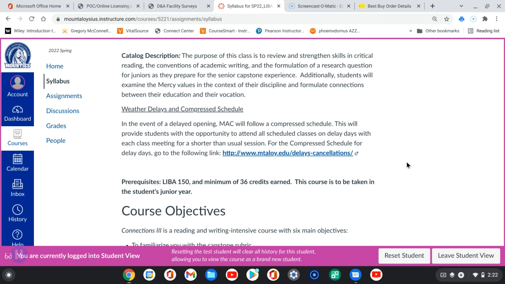Additionally, students will examine the Mercy values and the context of their discipline and formulate connections between their education and their vocation. So the work that we do in preparation for this class, everything that you do for this class, will support the overall catalog description.